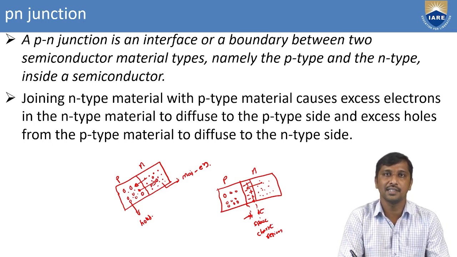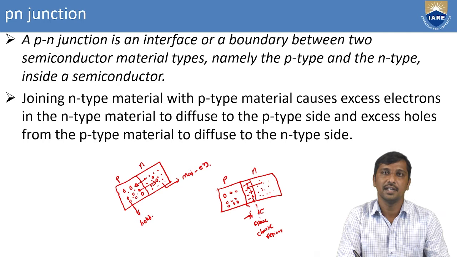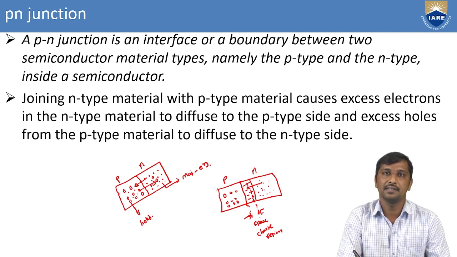This barrier potential is developed by the movement of the charge carriers from one region to another region. Whenever the charge carriers move from one region to another and lose their energy, they establish immobile ions near the junction, and those immobile ions create the barrier potential.